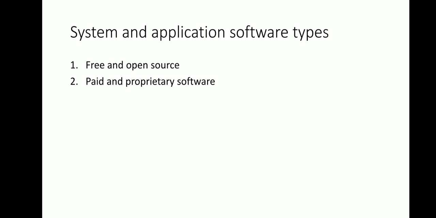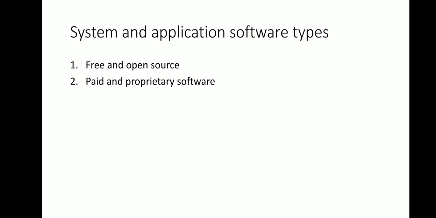System and application software. Two types: free and open source, and paid and proprietary software. First one, free and open source. Free and open source software is available free of cost and can be shared with many end users.